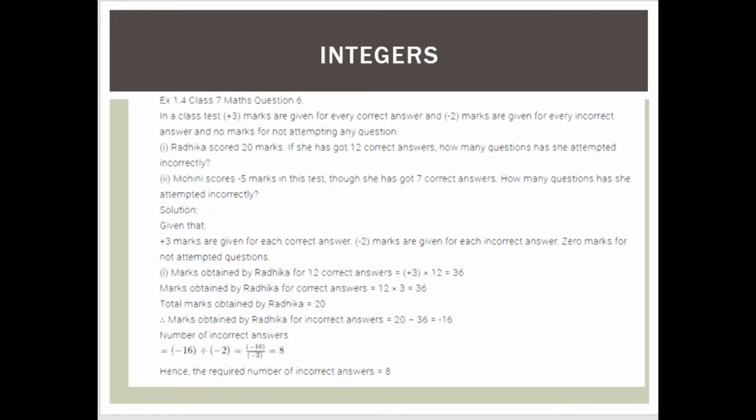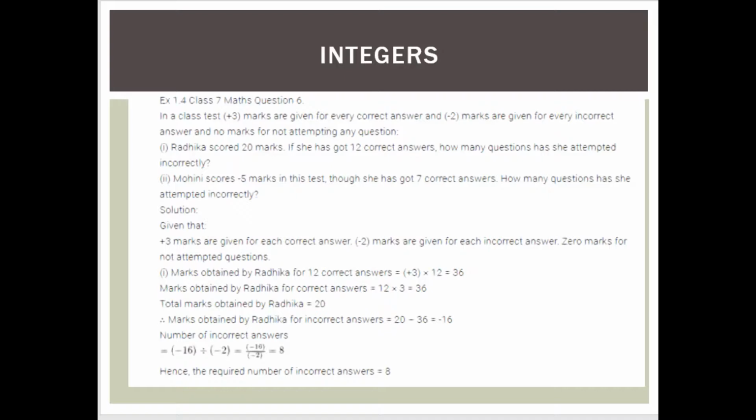Moving to question number 6. In the class test, plus 3 marks are given for every correct answer, like you have done in the previous exercise also, and minus 2 marks are given for every incorrect answer, and no marks are given for not attempting any question. Radhika scored 20 marks. She got 12 correct answers. Now, how many questions has she attempted incorrectly? Marks obtained by Radhika for correct answers is 12 into 3, that is 36.